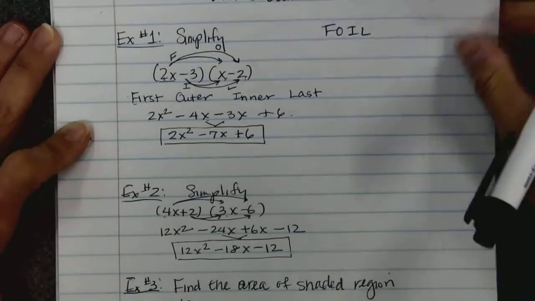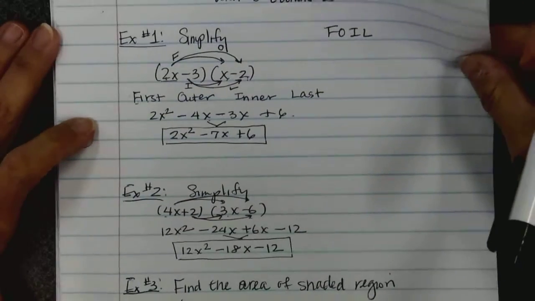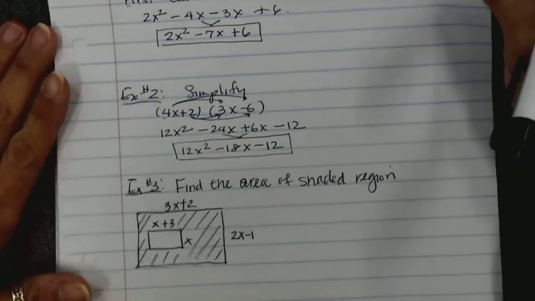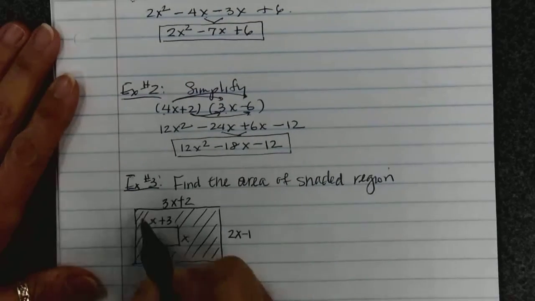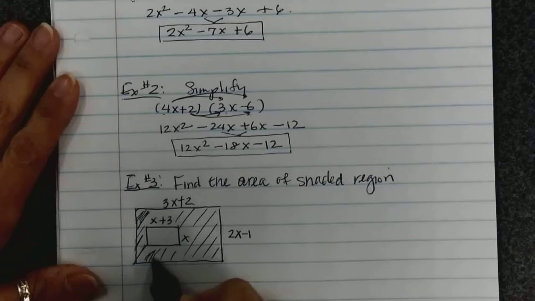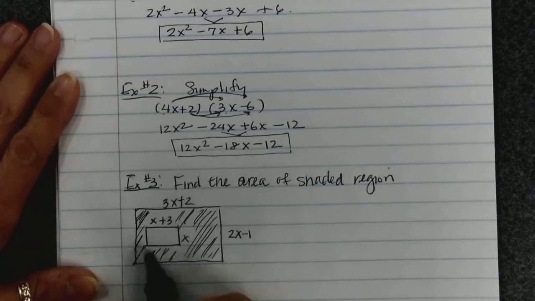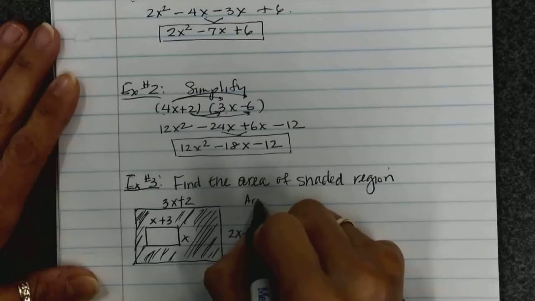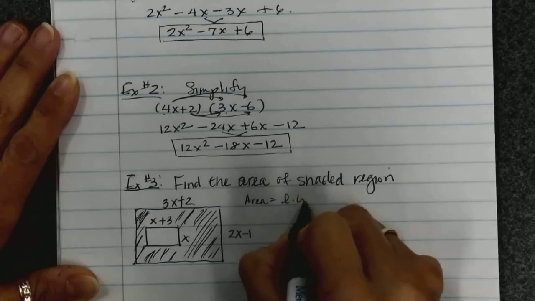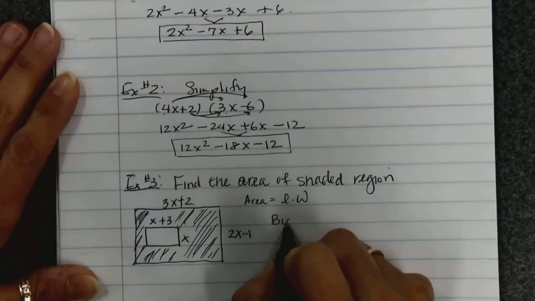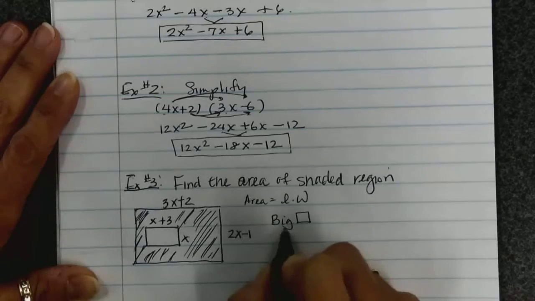Okay, so FOIL. Now we're going to apply this to finding the area that's shaded. So we're looking for the shaded region. Well, I have a big rectangle and a small rectangle. Area of a rectangle is length times width. So we're going to find the area of the big rectangle.